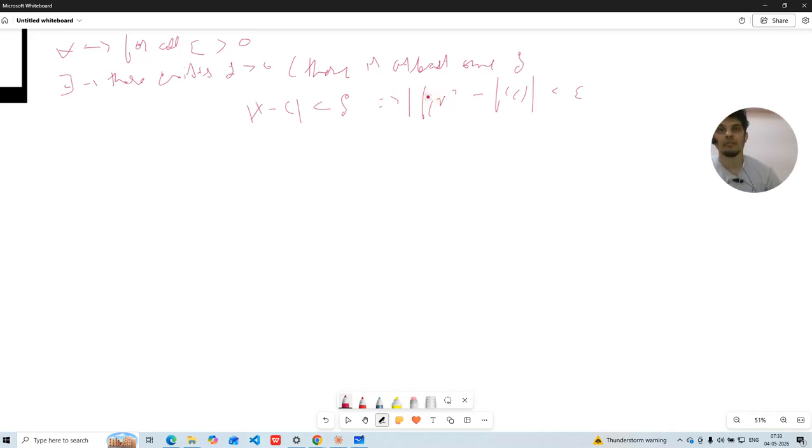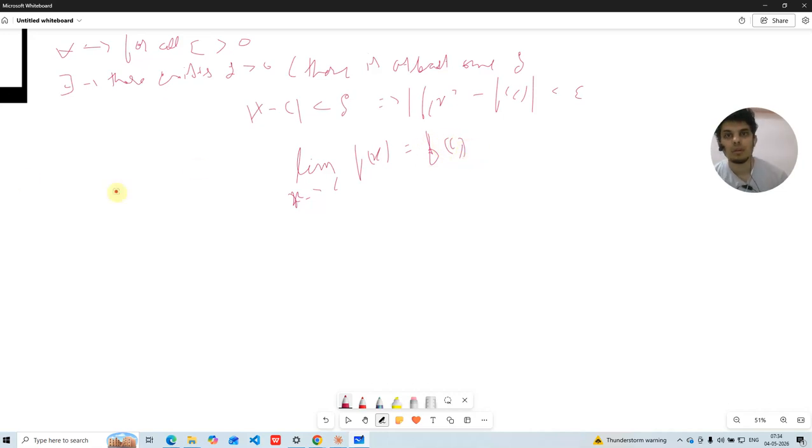Okay, so where were we? Yeah, we were discussing continuity. Let f be a function defined on set X belonging to R and c belonging to X, then f is continuous at c if the limit as x tends to c of f(x) is equal to f(c).